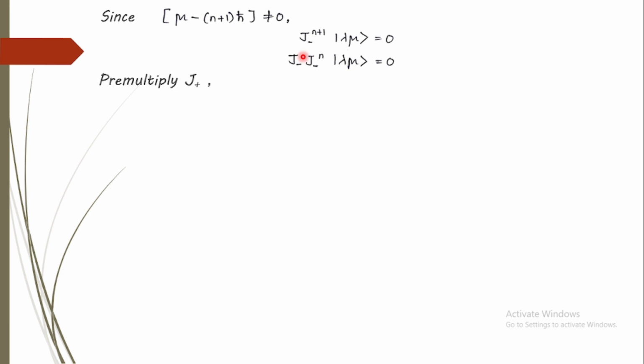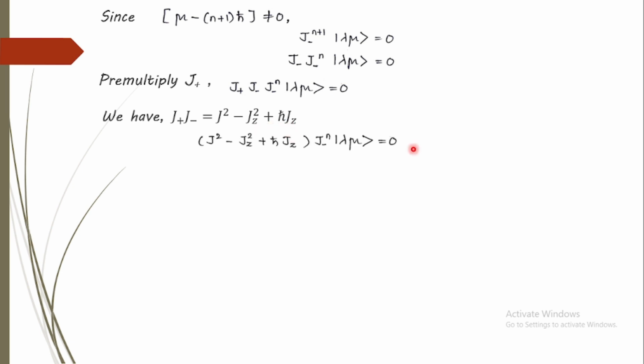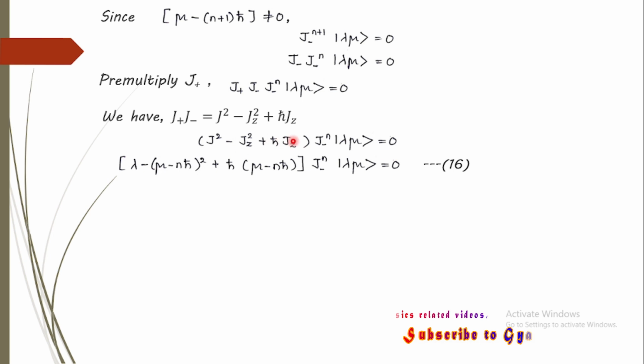Again, if we pre-multiply it with j plus from the left hand side, then we get j plus into the same thing, and we know that j plus into j minus is equal to j square minus jz square plus h cross jz. When we substitute it back and put in the corresponding eigenvalues, we get equation number 16, where j square corresponds to the eigenvalue lambda, for jz square we have mu minus n h cross whole square, plus h cross as it is, and jz has mu minus n h cross.